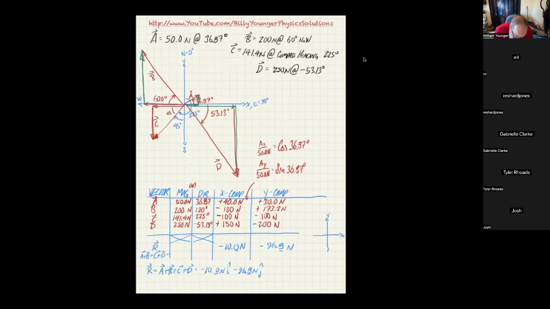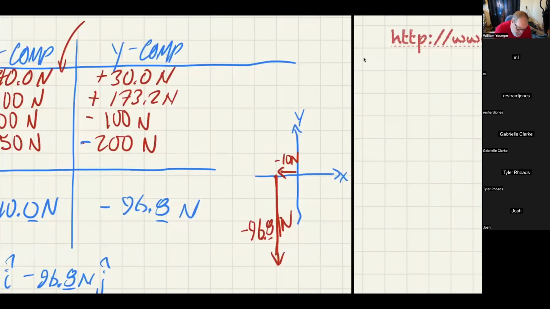I have a vector that's negative 10 newtons to the left. And then I have a vector that's negative 96 newtons downward. So what that means, actually, that's not very clear. Let me make this look a little better.